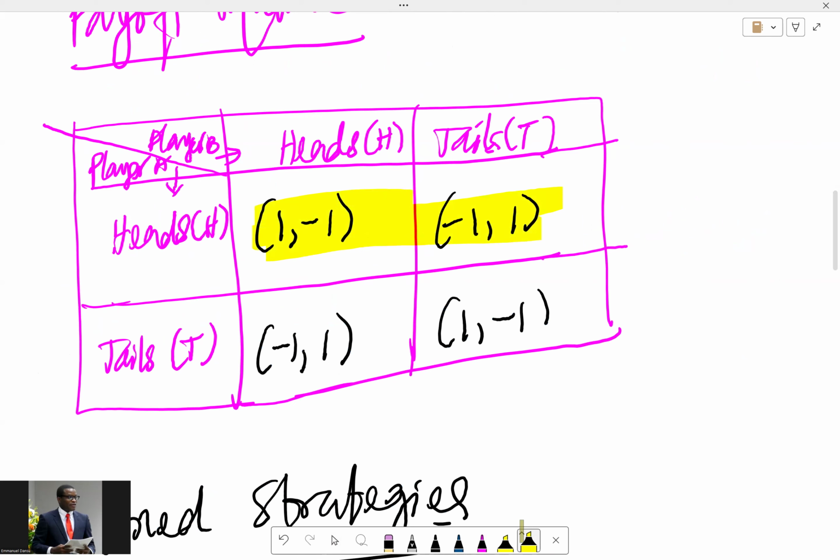So we have all this. So this is player A playing heads. So the expected payoffs for player A here would be Q, this is 1, and then this other one is -1. That's for player A, 1 and -1.